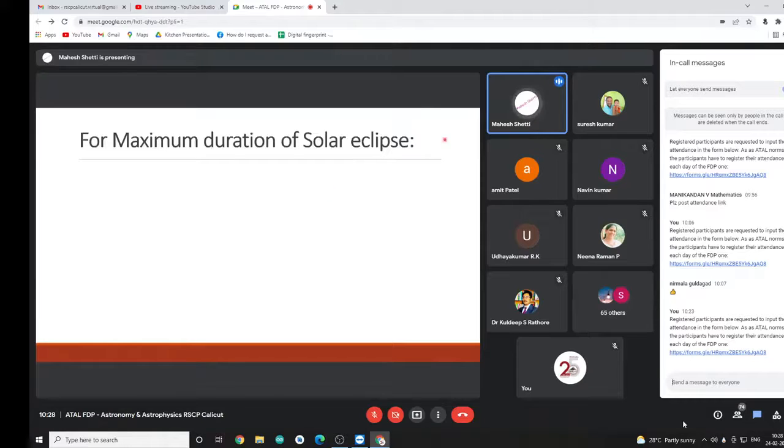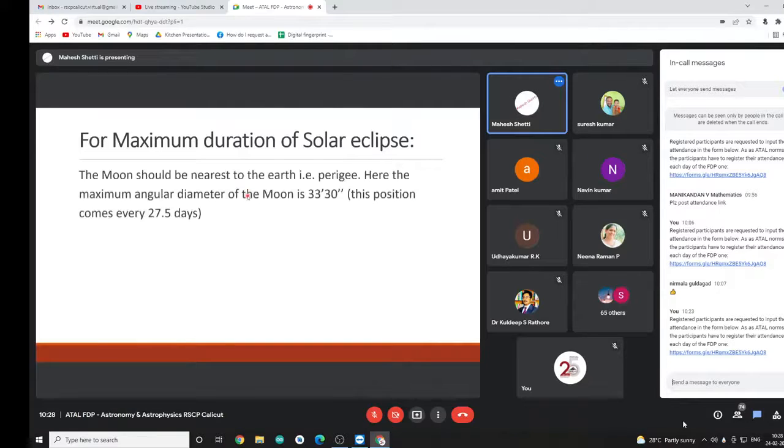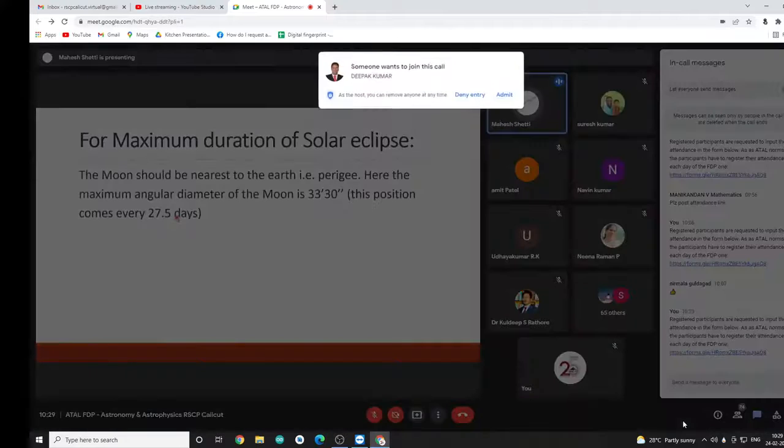So now we look at the conditions for the maximum duration of a solar eclipse. The moon should be nearest to the earth, that is perigee. Here the maximum angular diameter of the moon is 33 arc minutes 30 seconds. This position comes every 27.5 days, because the moon comes near perigee every 27.5 days.